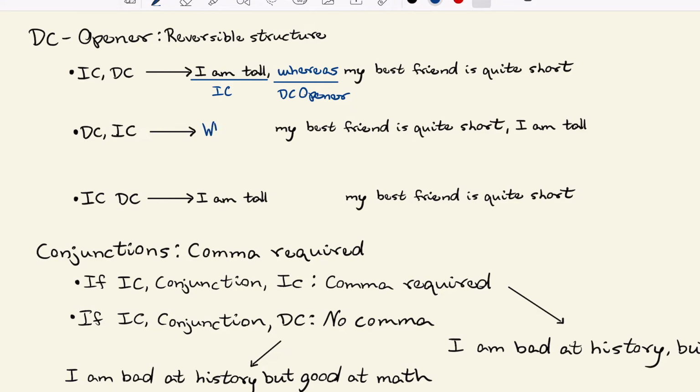So that means that you can put whereas at the beginning of the sentence and have your independent clause after. In the last example, it's independent clause, dependent clause opener. So you have your independent clause, and then you have your dependent clause opener. But see how we have to change the dependent clause opener, because here there is no comma. So we have to see what makes sense with no comma.